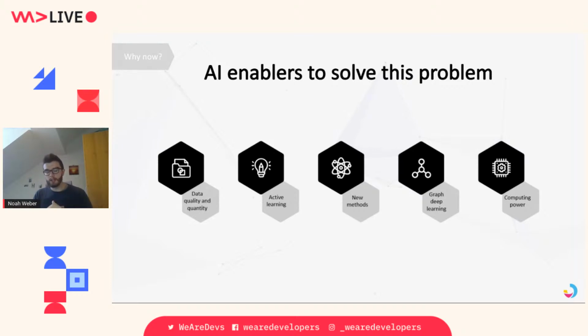Then the active learning and Bayesian optimization algorithms that we already mentioned, new methods from the geometrical deep learning standpoint, but also from chemoinformatics. There has been a lot of research and open source work that we have leveraged in order to not reinvent the wheel. But obviously we needed to use our own custom graph deep learning models and modules that we have already patented.